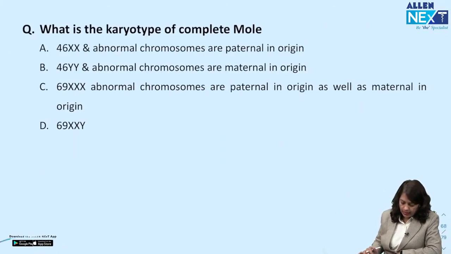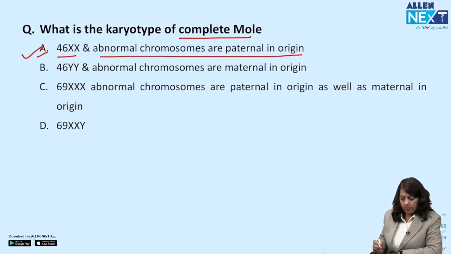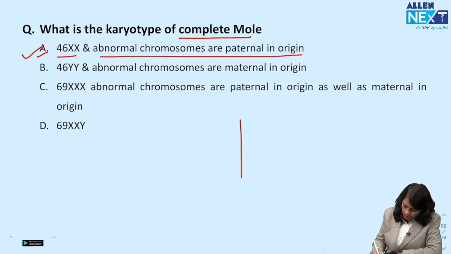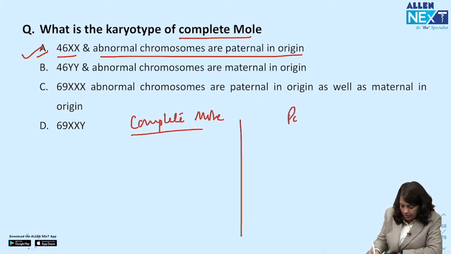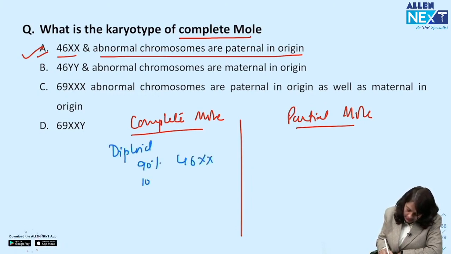Now, what is the karyotype of complete mole? It is always diploid, and the abnormal chromosomes are paternal in origin. So between the complete mole and partial mole, the karyotype in complete mole is diploid, 90% 46XX, 10% 46XY.